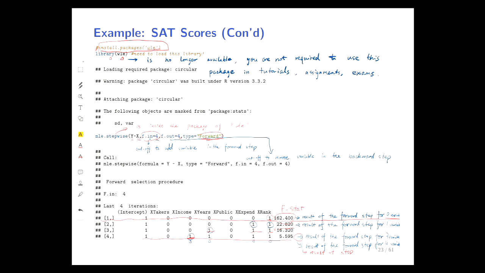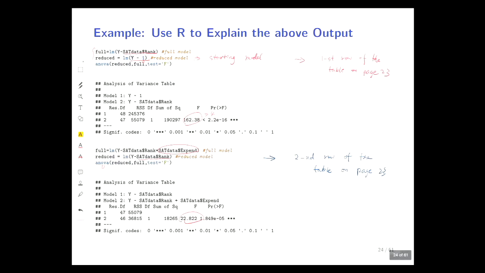So for instance, if I just give you this ANOVA result for a lot of F tests, you still need to know how to use those ANOVA results to accomplish variable selection.